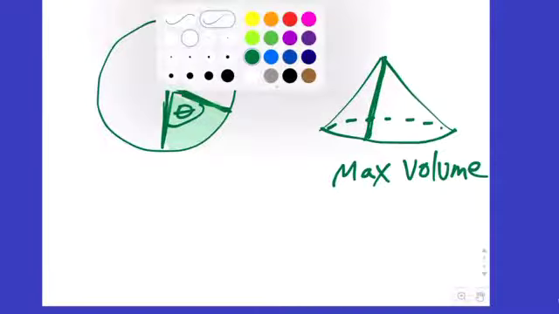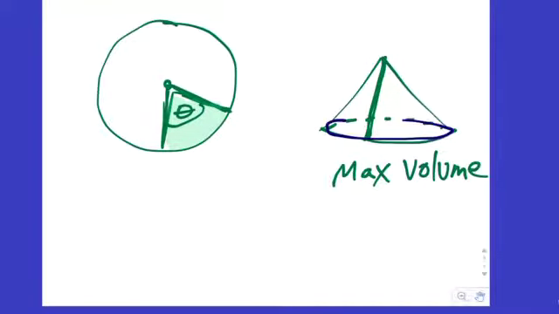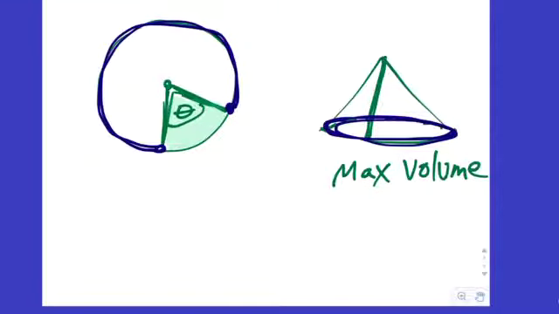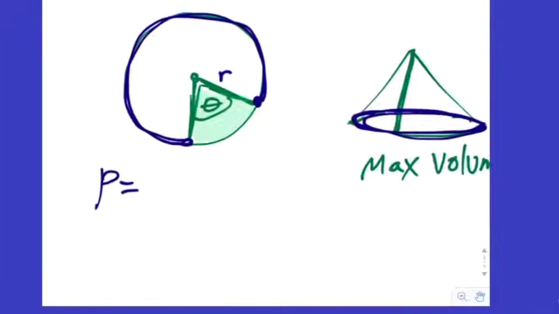The perimeter of your cone is going to be this right here. Correct? Okay, when you bring it together, let's call that the perimeter P. It's going to be the entire circumference. Let's say it had a radius r.